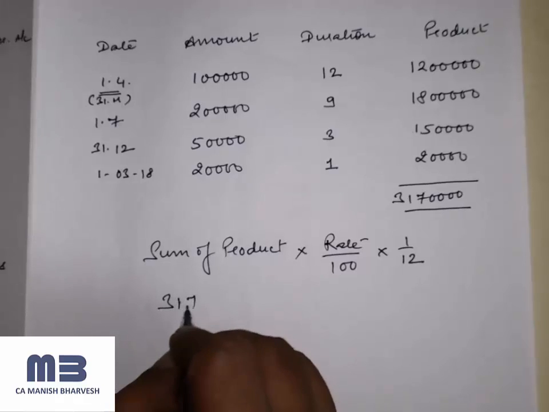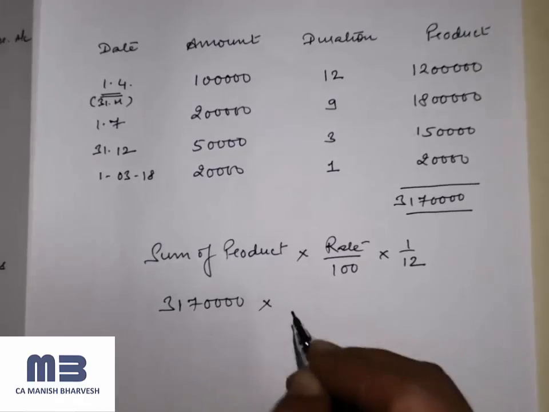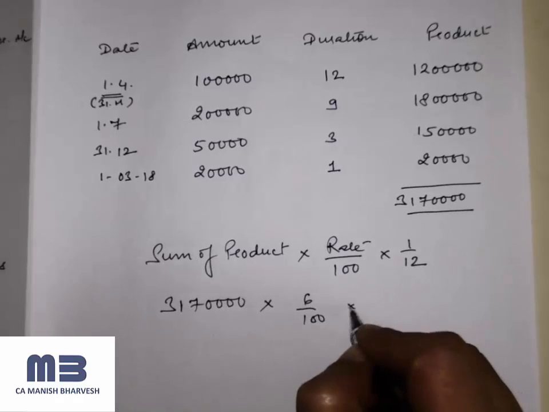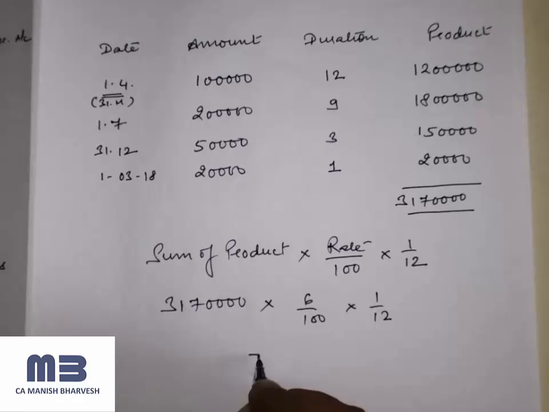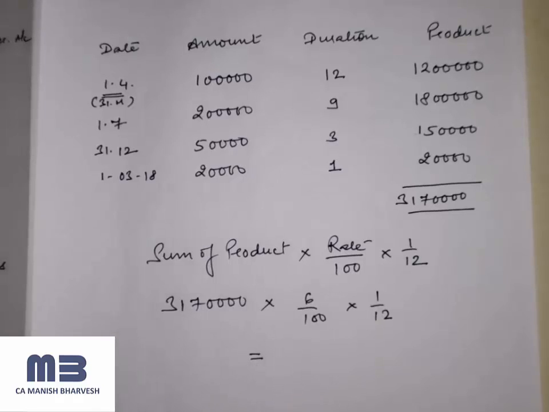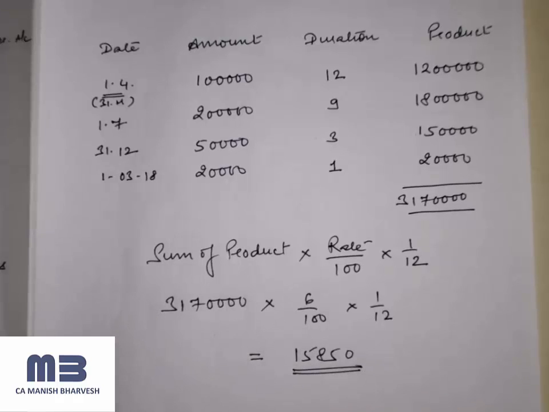So 31,70,000 into 6 upon 100 into 1 by 12, and this is going to be our interest on capital. You please compute. Answer is 15,850. This is our interest on capital. Please note the solution and then we'll discuss it again.